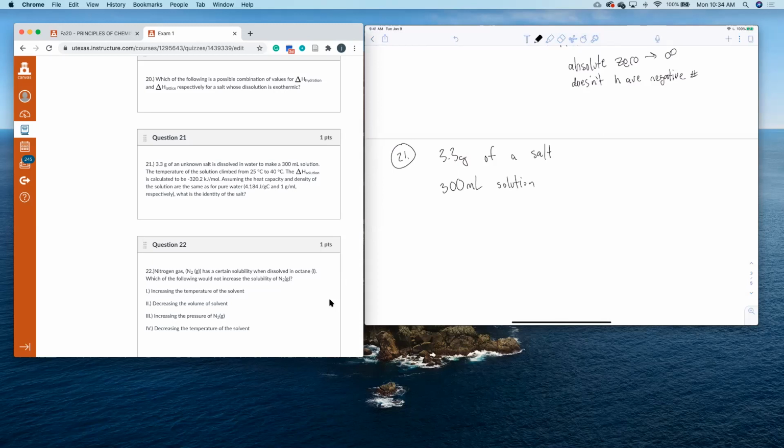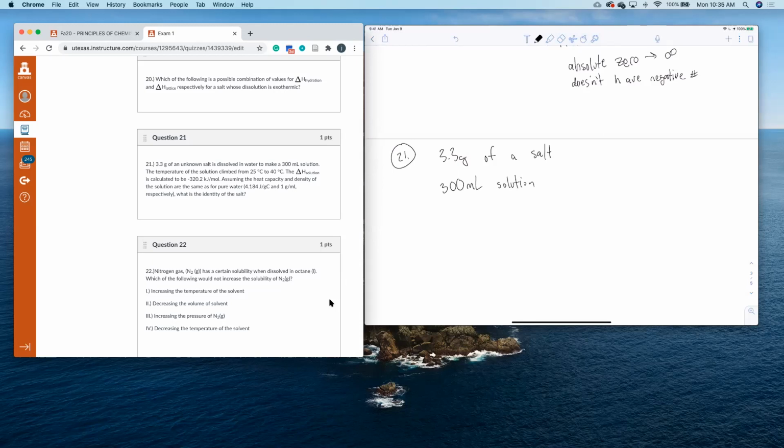Oh no, the temperature of the solution climbs, okay, it's a heat problem. The heat capacity and density of the solution are the same as pure water. What is the identity of the salt? So this is like one of those molecular weight problems we worked on, but in a different form.